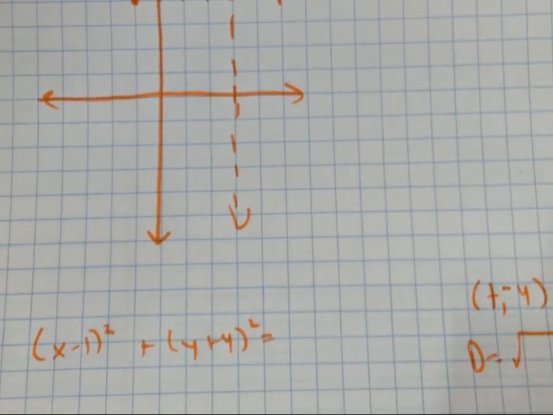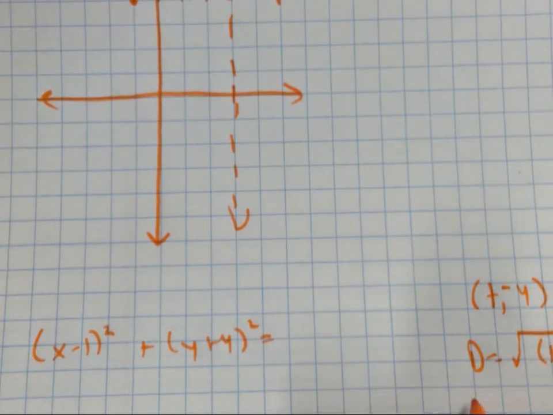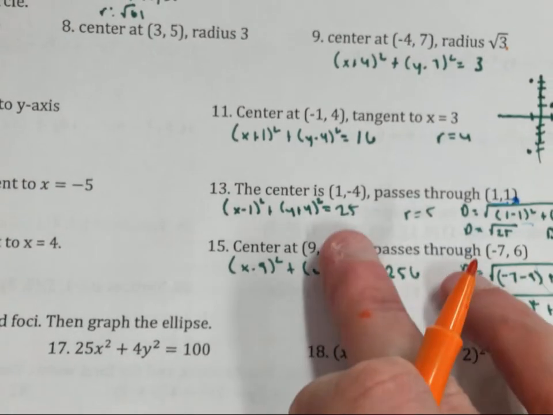Distance equals square root of x sub 2 minus x sub 1 squared plus y sub 2 minus y sub 1 squared. 1 minus 1 is 0 squared. That's a double negative. That gives me 25. Square root of 25 is 5. So my radius is 5. So that's why I plug a 25 in.